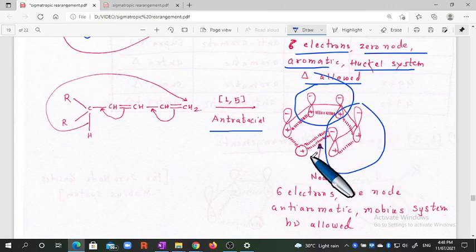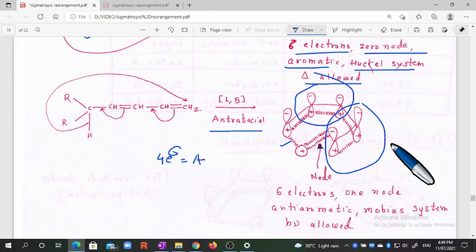These 2 electrons are not delocalized because a node is present and it is antarafacial migration. In the suprafacial one we would consider these 2 electrons, but here there is a node and it is antarafacial, therefore we cannot count these 2 electrons. Okay, therefore it is a 4 electron system, and a 4 electron system is anti-aromatic. Therefore it is an anti-aromatic system, and it is a Mobius system.